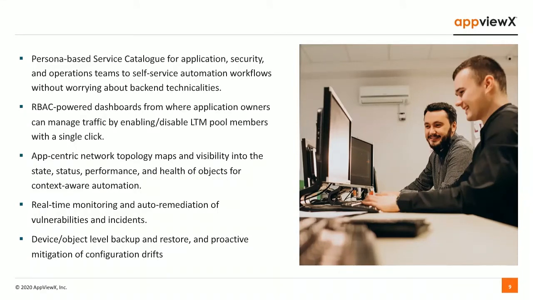You can give this capability to specific personas, meaning the service catalog capability. You could assign it to specific personas to allow them to do specific tasks. For example, if you want only the security teams to control the whitelisting, blacklisting, or even the policy, you can do that. Or if you want only the operations team to self-serve and take servers or services in and out of service, or do a DR enable or disable, or even a blue-green deployment or a canary-based, percentage-based traffic split across multiple sites.